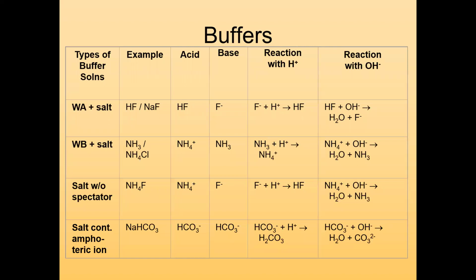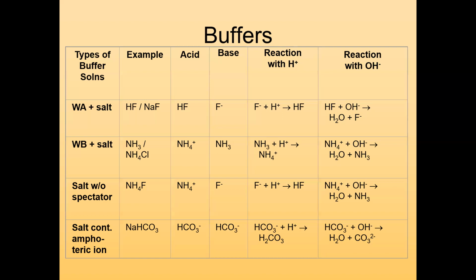All right, so here are other examples of the 4 types of buffers we said we come across. We have the weak acid and its conjugate base salt, like hydrofluoric acid and sodium fluoride. The fluoride ion is our conjugate base. Notice that this can react with the hydrogen and hydroxide overall. Same thing for the weak base and its conjugate acid salt.